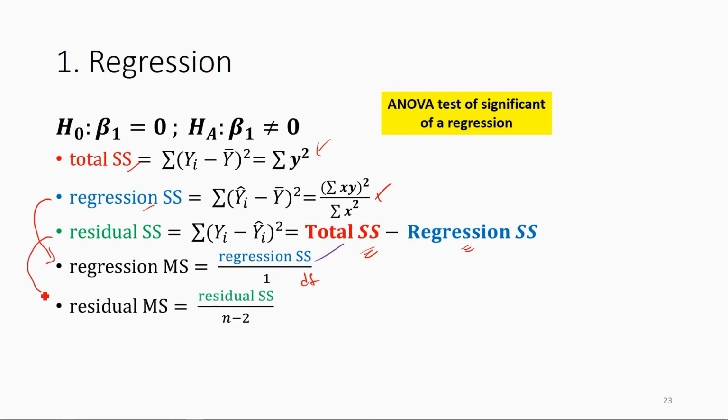And you also can calculate the residual mean square. You just take the residual sum of squares that you calculated from here, and divide by n minus 2. You get the residual mean square.